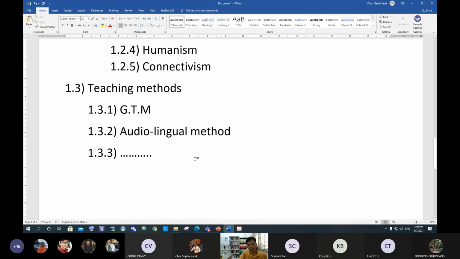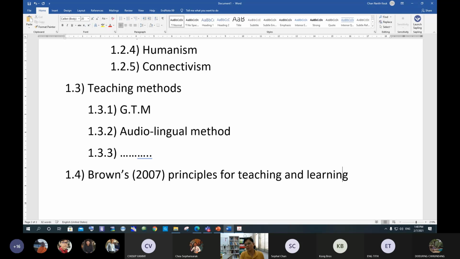Okay, so the 12 principles. Don't forget that. 1.4 Brown's 2007 principles for teaching and learning language.